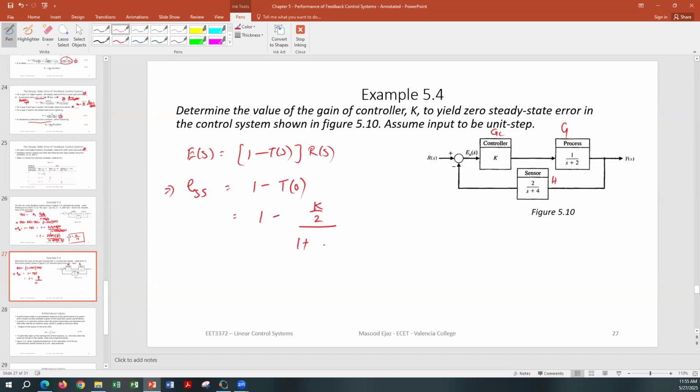So 2 over 4 is 1 over 2 as well. So K over 4, right? And we want the steady state error to be 0. So we're going to equate this to 0. 0 steady state error implies 0 is equal to 1 minus K over 2 over 1 plus K over 4.